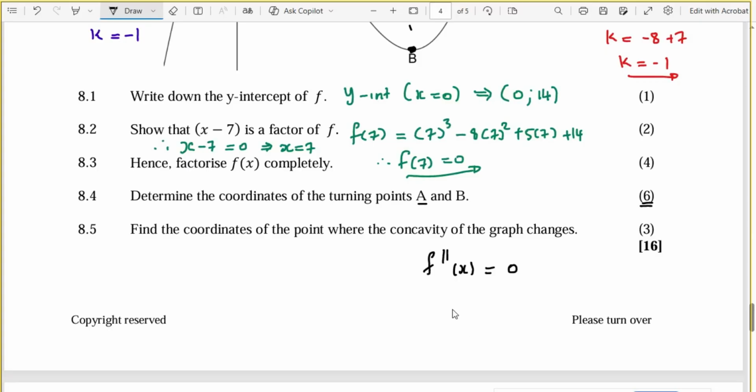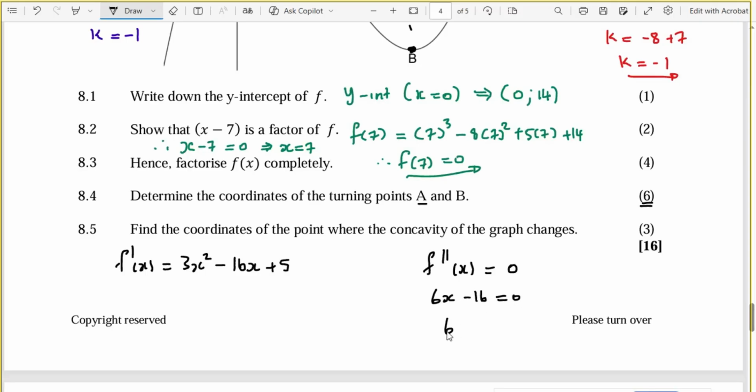We need to differentiate that first derivative. If you still remember, the first derivative was 3x squared, minus 16x, plus 5. We made a mistake earlier and said that was 14x. So if I find the second derivative, it will be 6x minus 16 is 0.